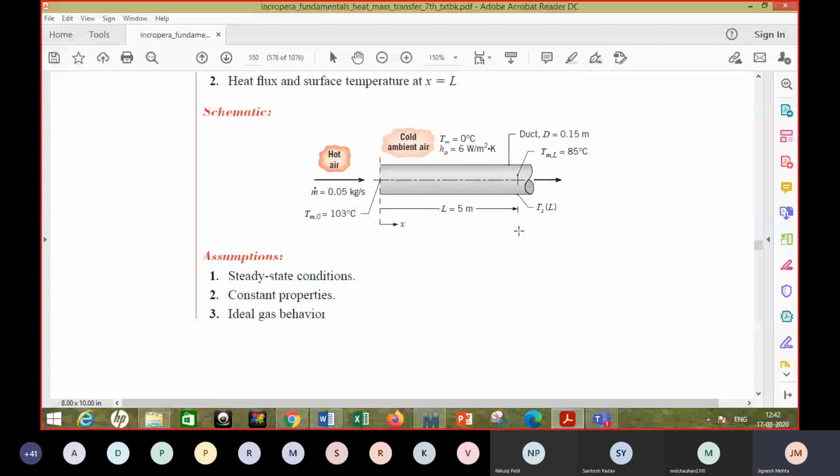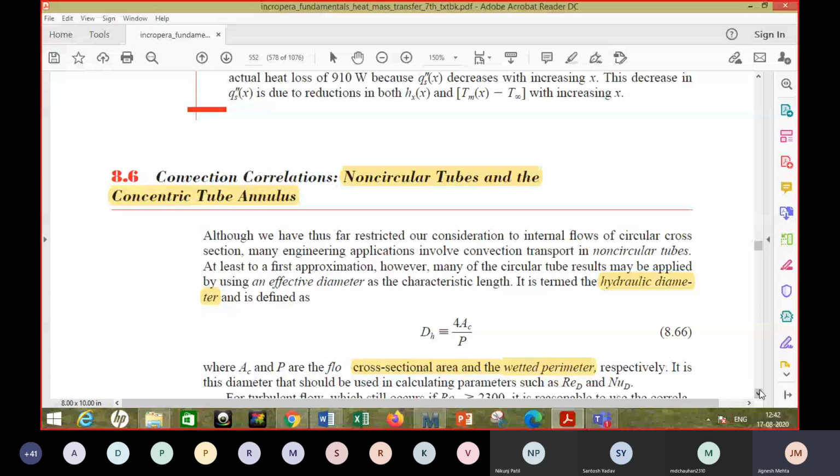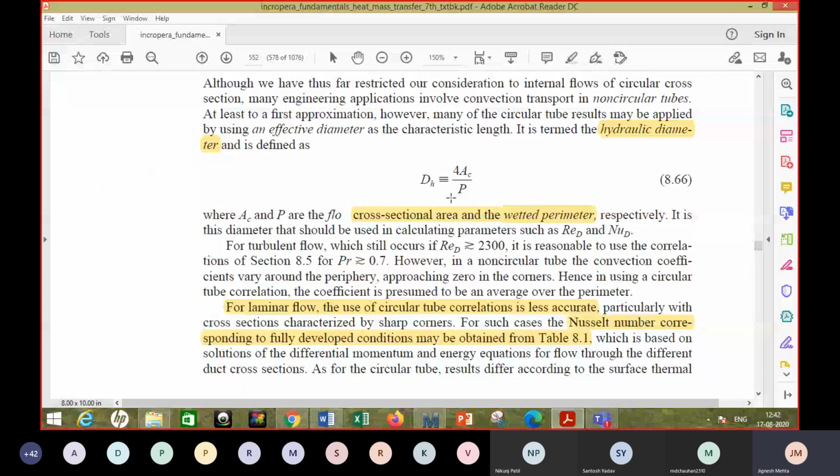So if it is a non-circular geometry, you can use the hydraulic diameter in place of the diameter that you use in the definition of Reynolds number, and while evaluating the H value, that is the heat transfer coefficient from Nusselt number, the hydraulic diameter should be used in place of the regular diameter in case of a circular tube. So hydraulic diameter is nothing but 4 times the cross-sectional area upon the wetted perimeter, right? Which perimeter? Wetted perimeter. So that may be used, and this is reasonably good for turbulent flows.